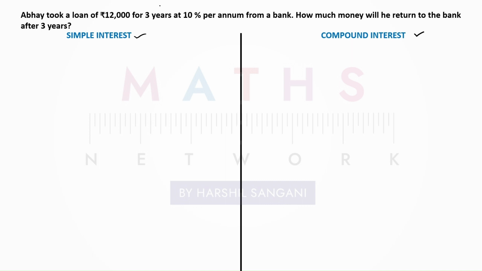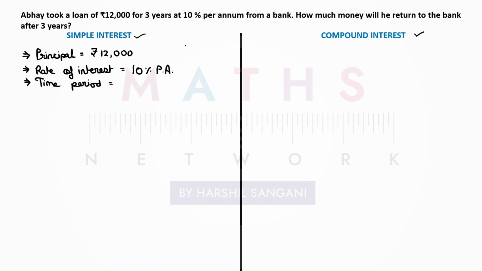First, let's solve for simple interest. The principal that we have is rupees 12,000. The rate of interest is 10% PA, which is per annum, and the time period is 3 years. Now we recall the formula for simple interest, that is SI equal to P multiplied by R multiplied by T upon 100.